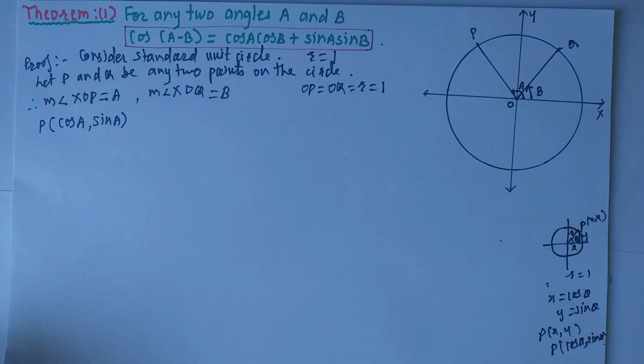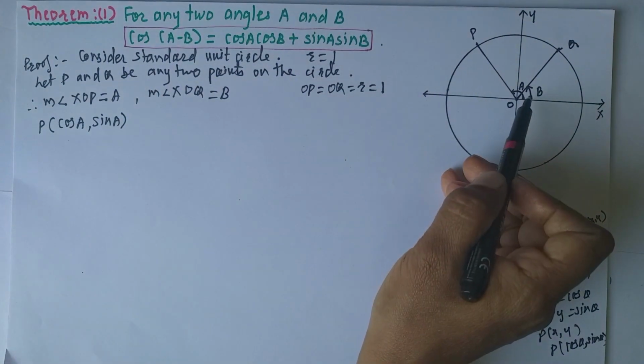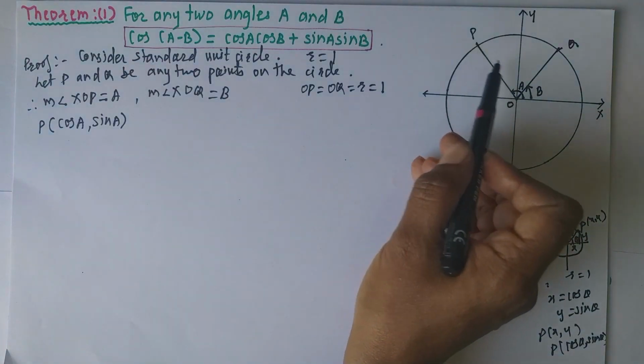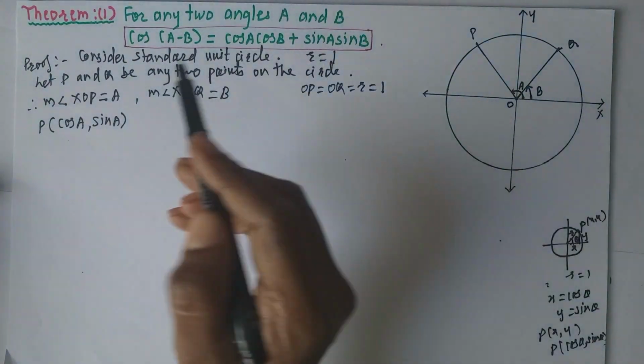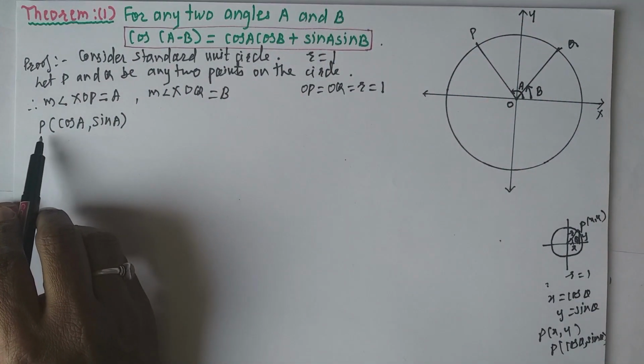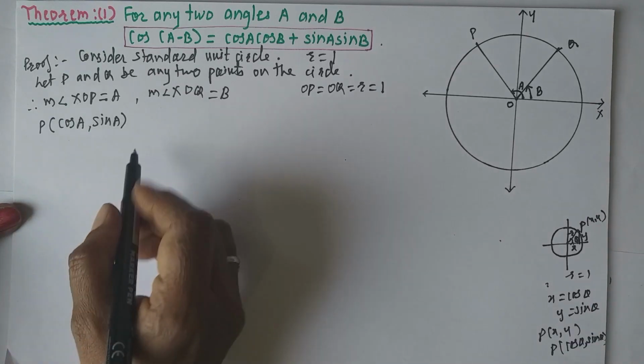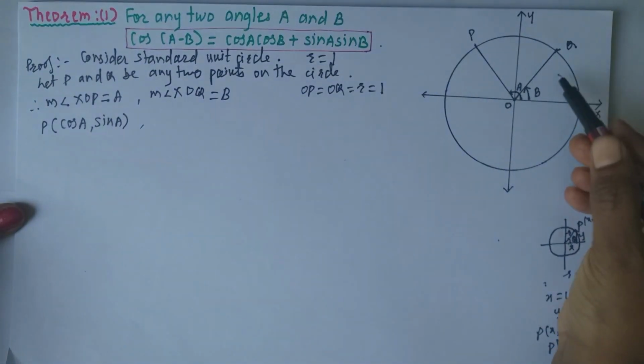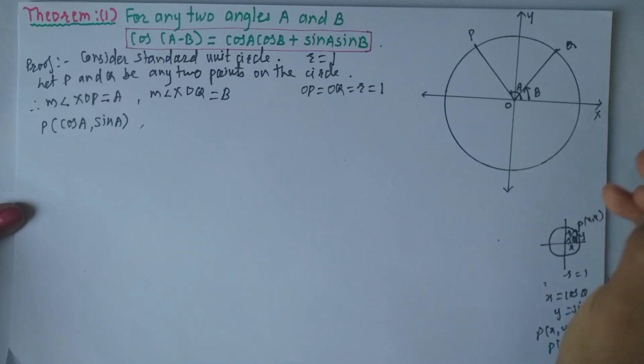Now here, instead of theta, angle is A and P makes angle A with positive direction of x-axis. Therefore, coordinates of P will be cos A, sin A. And here Q makes angle B with positive direction of x-axis.